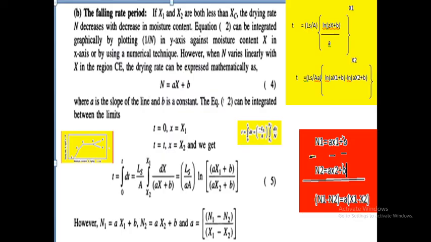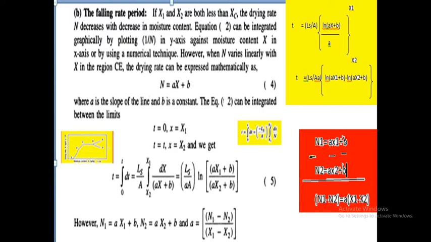Another case, falling rate period. The initial and final moisture contents, capital X1 and X2, are both less than the critical moisture content, that is Xc. The drying rate, capital N, decreases with decrease in moisture content.